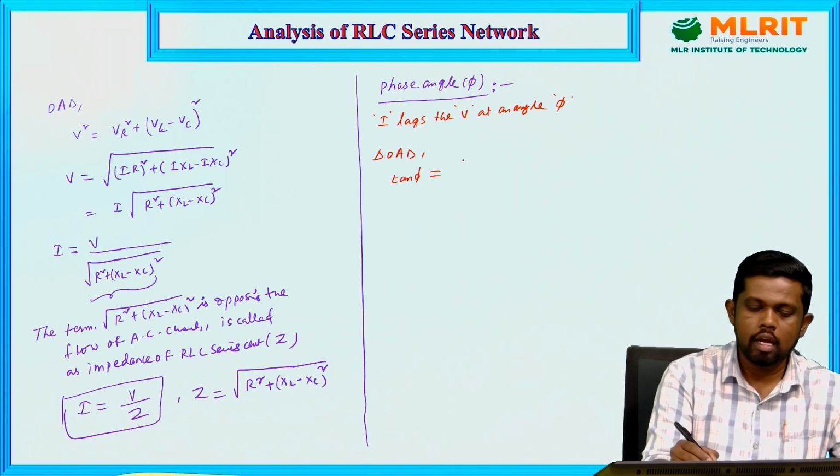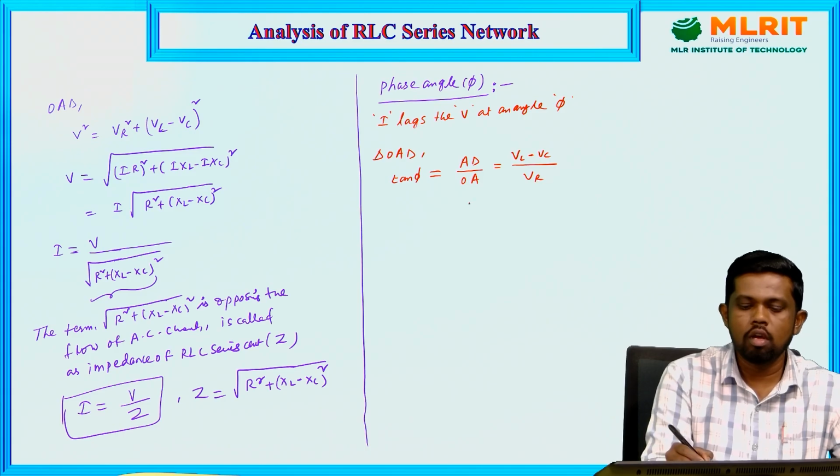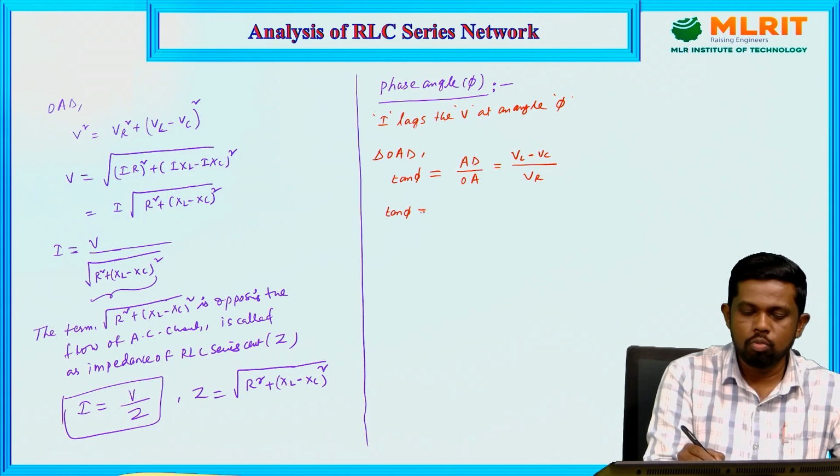The expansion of AD is VL minus VC, upon VR. Expanding the whole terms with the help of Ohm's law, that is I into XL minus I into XC, divided by I into R. Both IR get cancelled, then tan phi equals XL minus XC upon R.